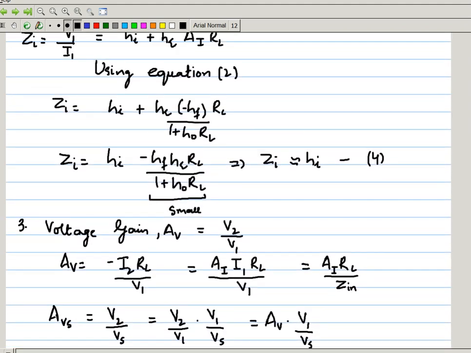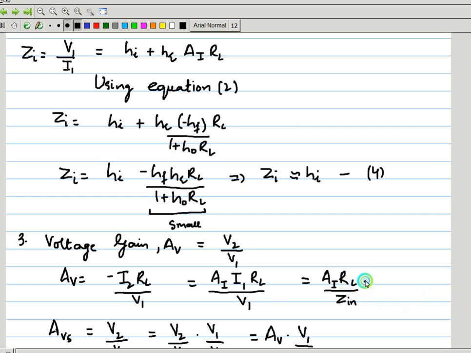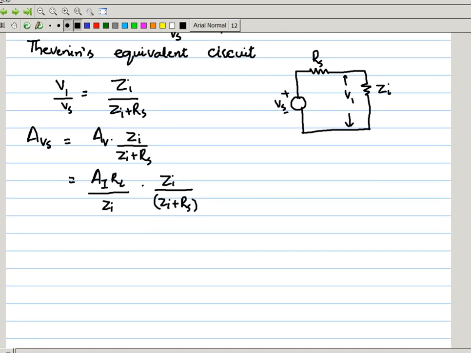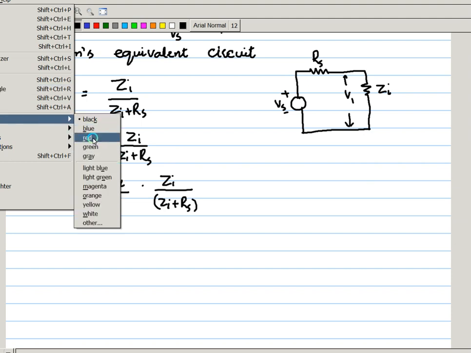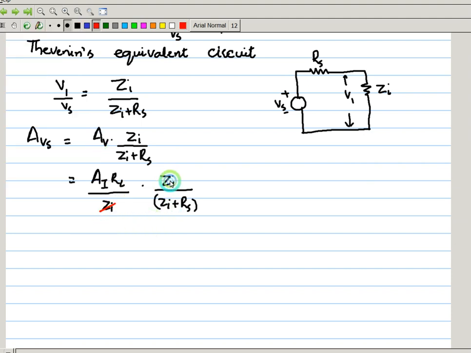So it is this equation, AI into RL divided by Zi. So let us keep it here and try to cancel out this Zi with this Zi. What is left will be AI into RL upon Zi plus Rs.